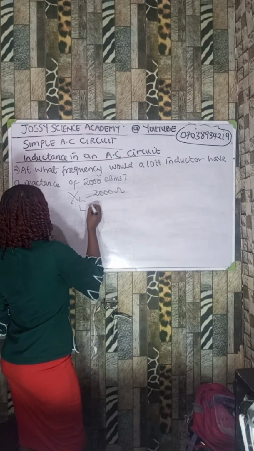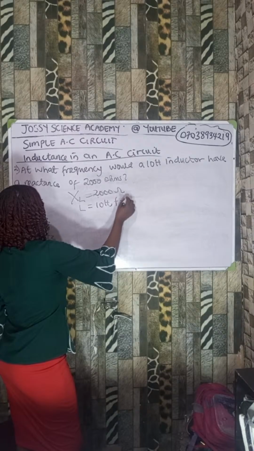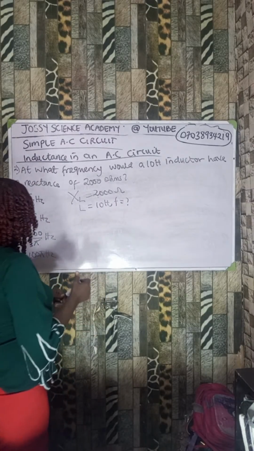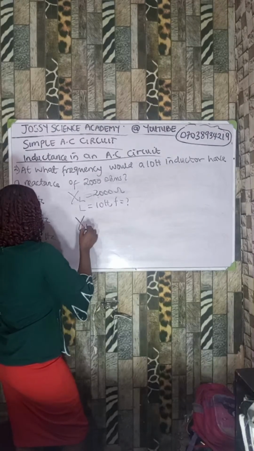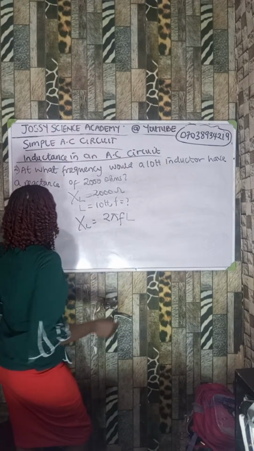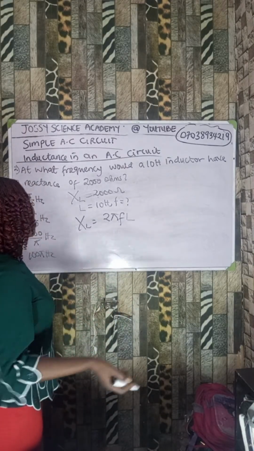So the inductor has an inductance of 10 Henry. And you're looking for F. You must know something that relates between both of them. XL is equal to 2 pi FL, right? Knowing fully well that this is equal to this, let's just put our values and we go.